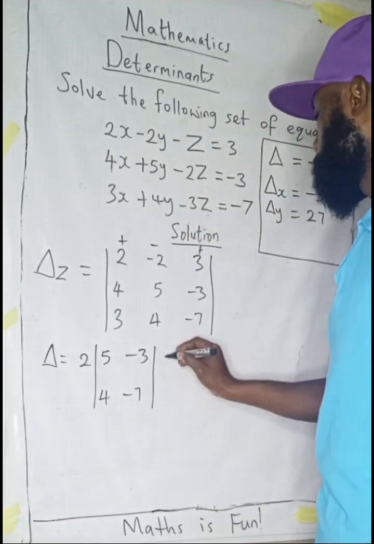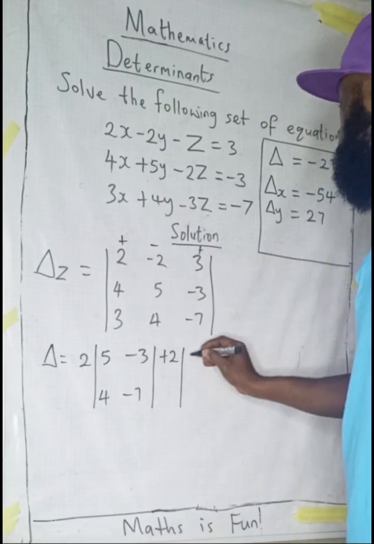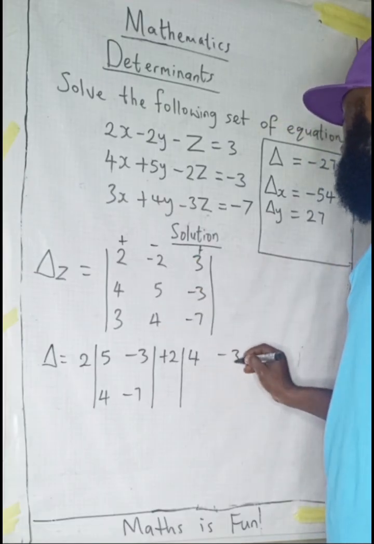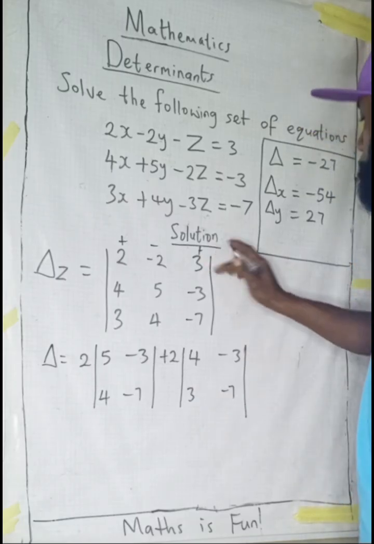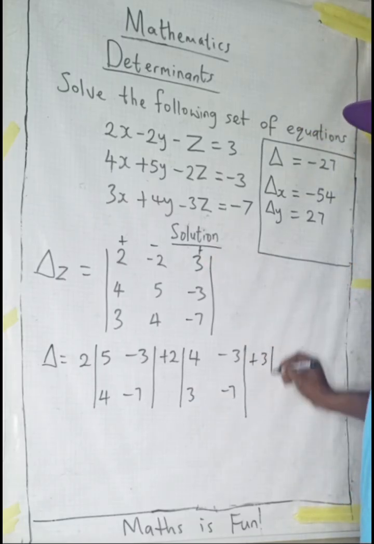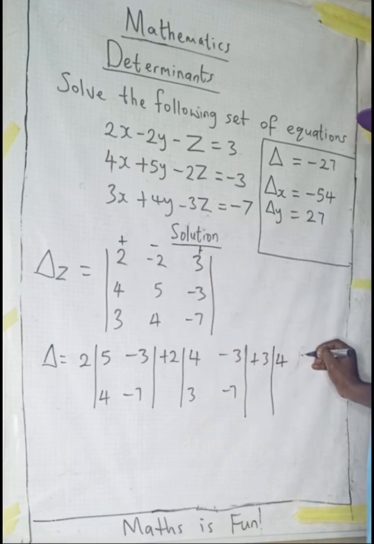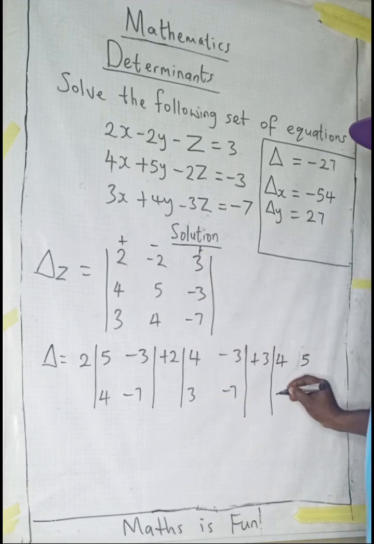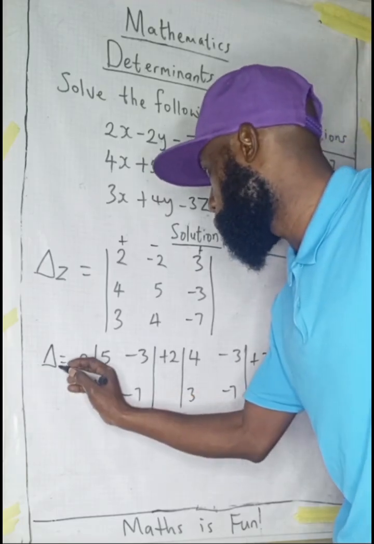This plus 2, ignore, 4 minus 3, 3 minus 7, plus 3. We have ignore, 4, 5, 3, 4.